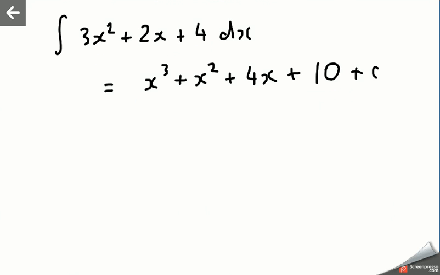But it would be a little silly to write that, because actually this 10 is just some constant number. And if this is a random constant, then 10 plus c gives another random constant. So I may as well just include all the random constants together in one random constant. Okay, so that's it. Let's make a note of the theory.